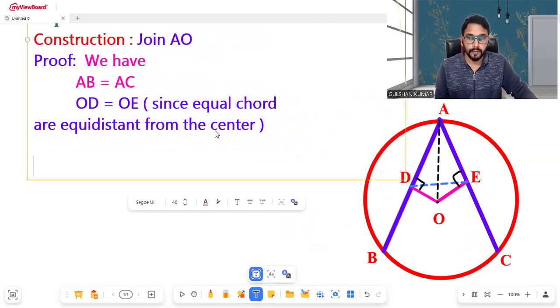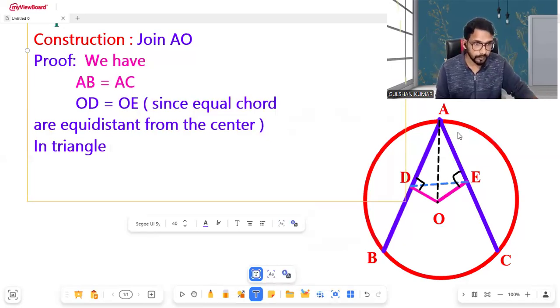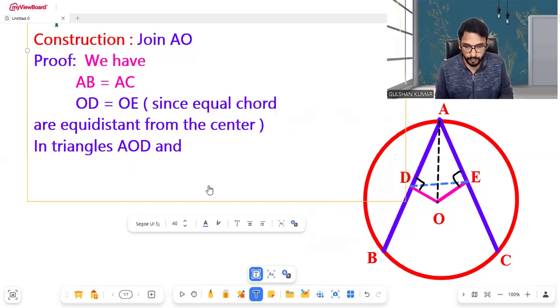Now consider triangle AOD and triangle AOE.